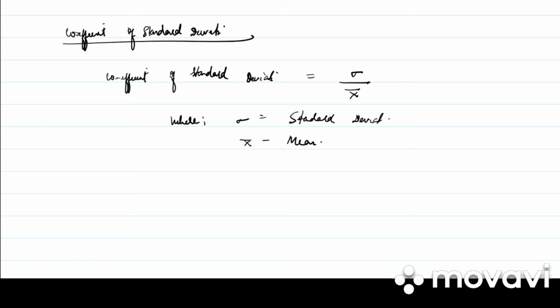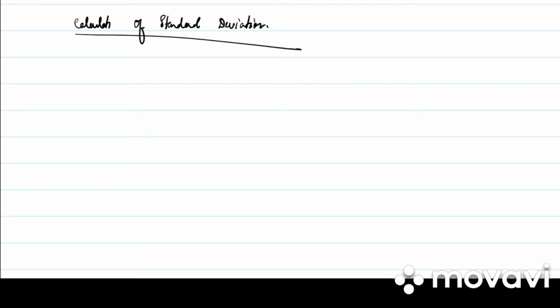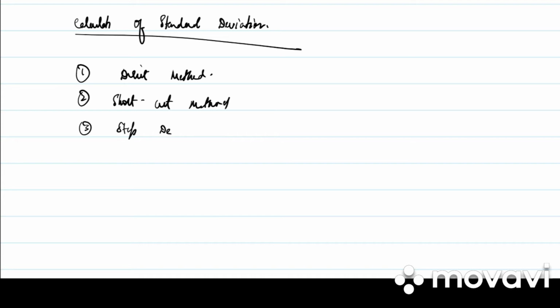So this is the formula of coefficient of standard deviation. After this, write down calculation of standard deviation. Under this again we have three methods, that is direct method, shortcut method and step deviation method.